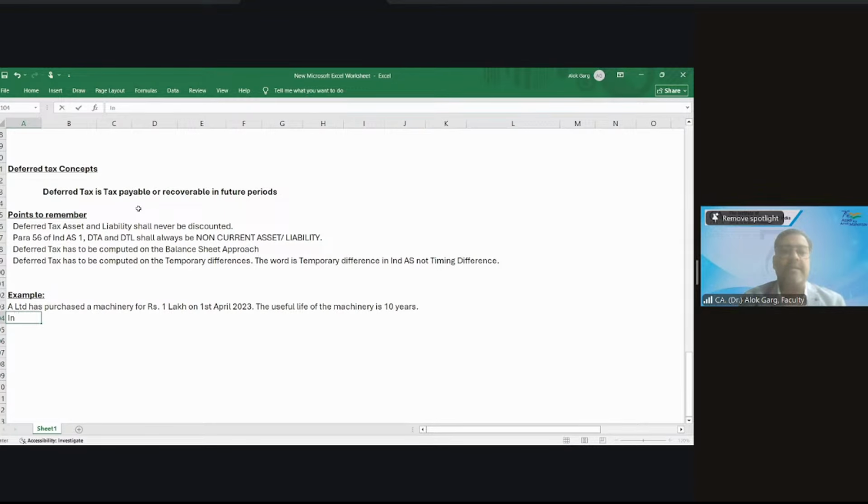In income tax, what is the depreciation rate on machinery? It is 15%. Very good.